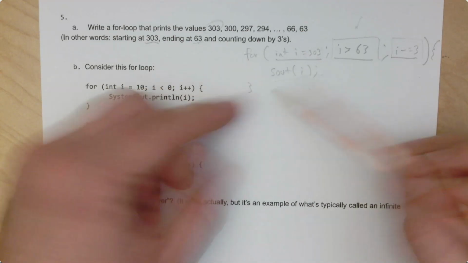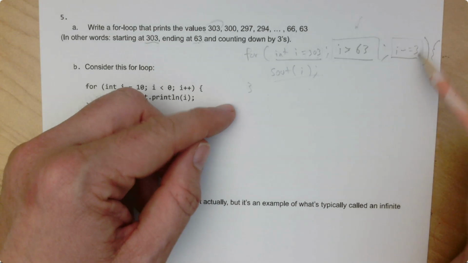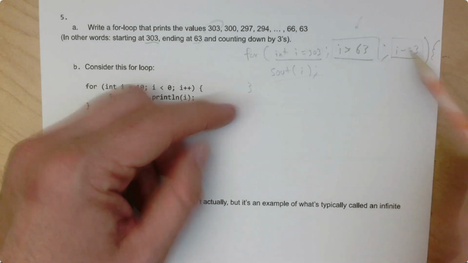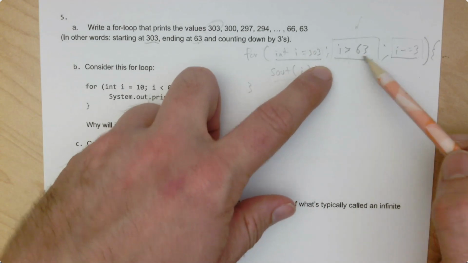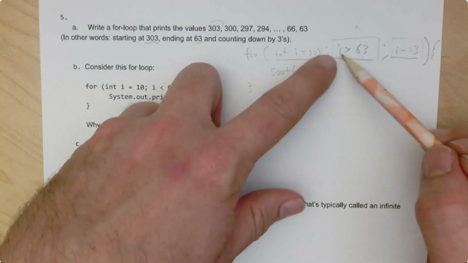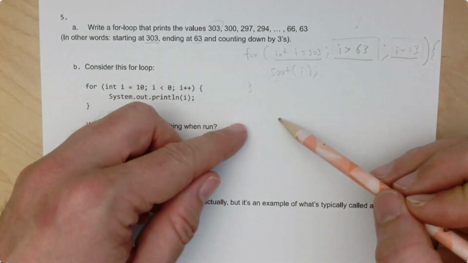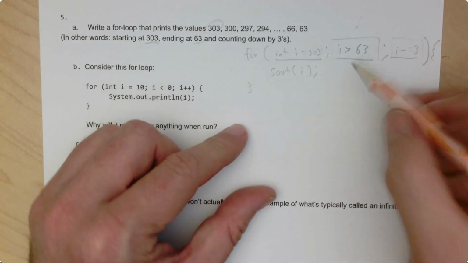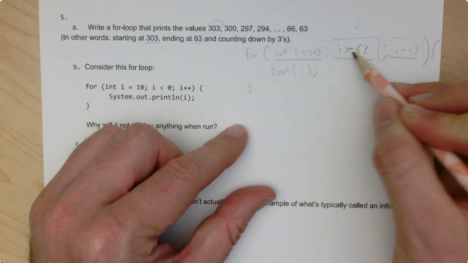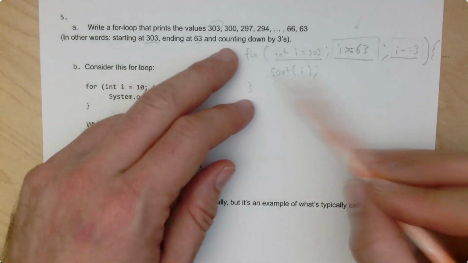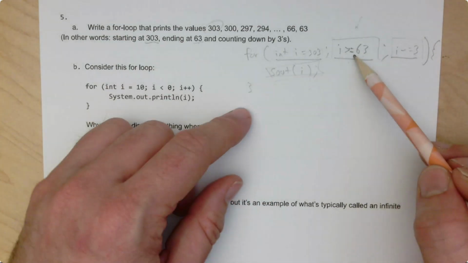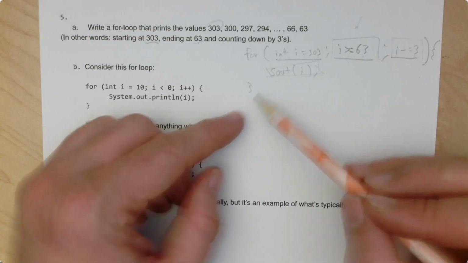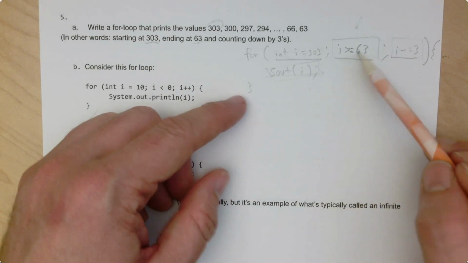We'll display that. We'll subtract 3, so then it'll be 63. Then it'll check, is i larger than 63? And the answer is no, because it equals 63. And so because this is false, we'll exit, and we'll never display 63. So you actually want this to be greater than or equal to. So we want to keep displaying the numbers as long as they are larger than or equal to 63. And then as soon as it's smaller than 63, we would exit.